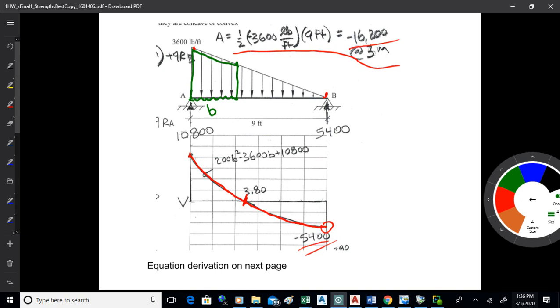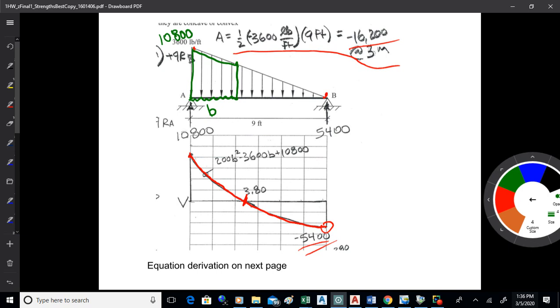The area under the load is the change in the shear. So what I want to figure out, as I work my way from left to right, is the area under that loading diagram. I've got the height on the left, 10,800, but I need the height on the right, and to get that I need the slope of that line.